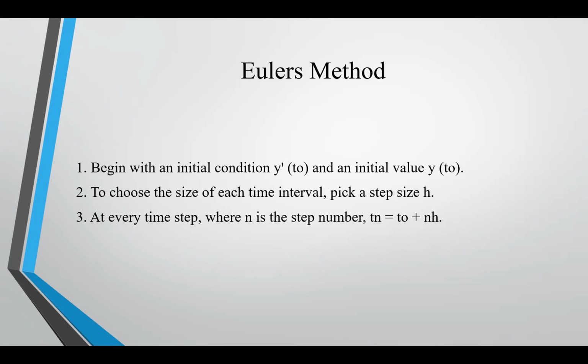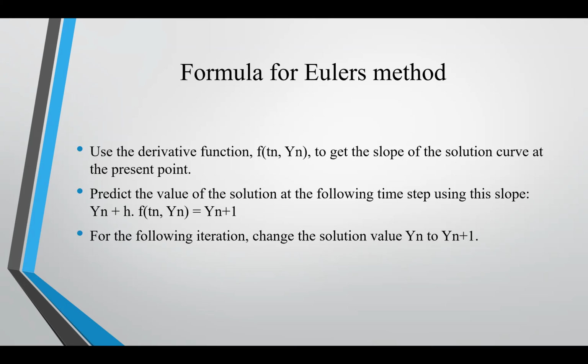We have a formula for Euler's method. For the derivative function f of tn comma yn, to compute the slope at the current point tn comma yn, we need to predict the value of the solution at the following step, and the function is yn plus h into f of tn comma yn equal to yn plus 1, where yn is the current value of the solution, h is the step size, tn is the current time, and the function f of tn comma yn is the derivative function at the point tn comma yn.